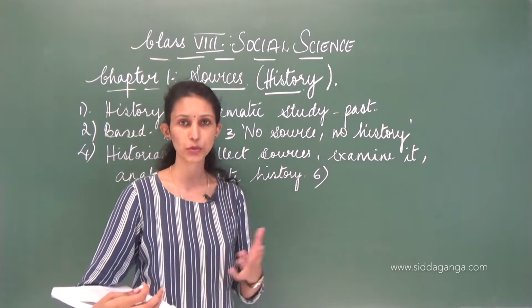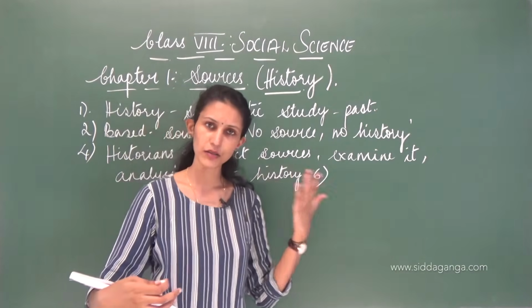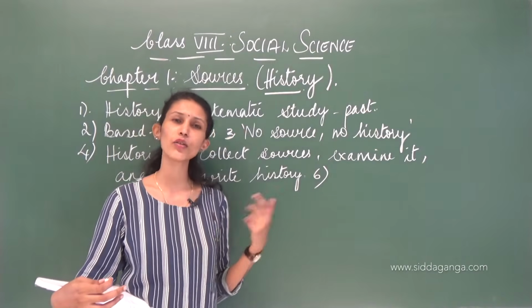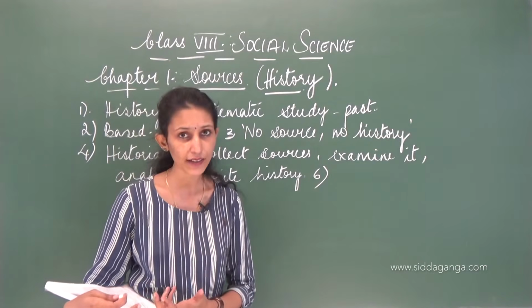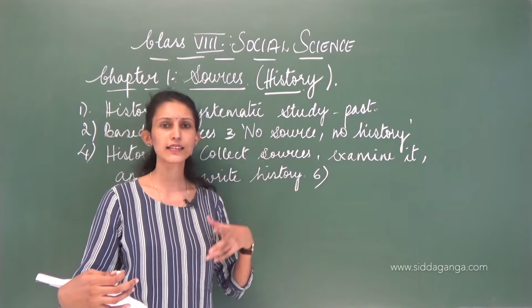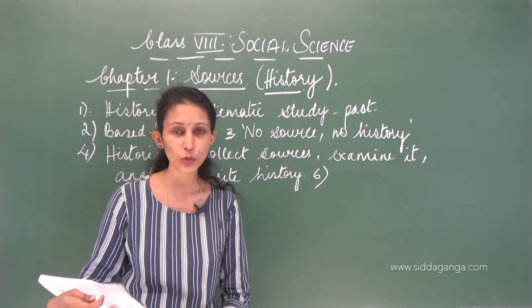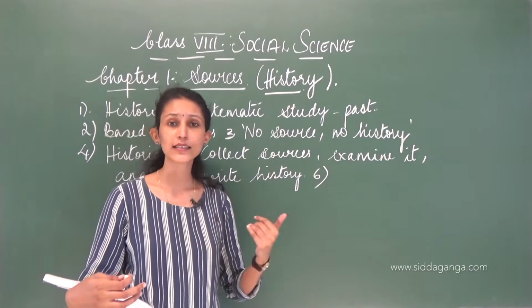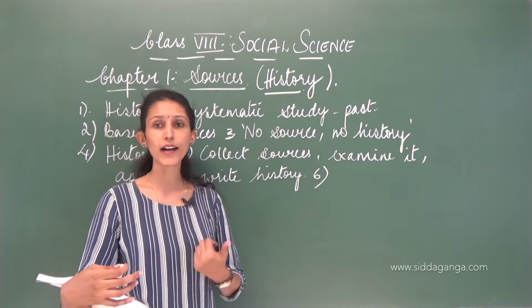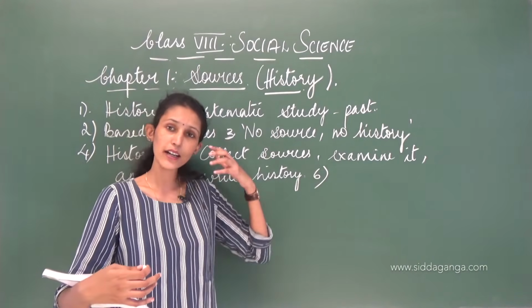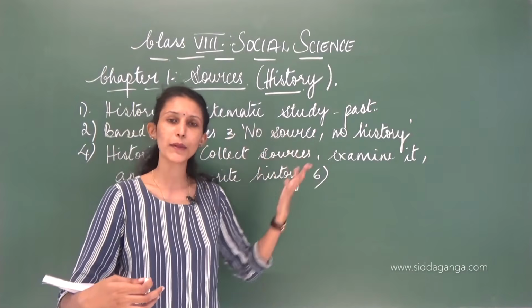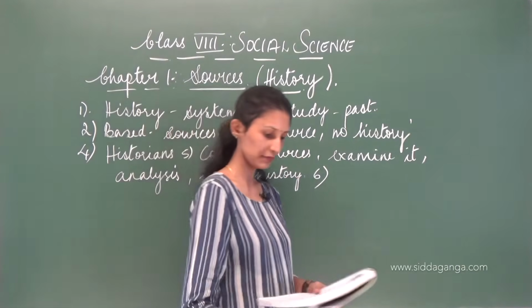They have to do guesswork. They have to assume that this may have been like this, this may have impacted what is here, and that has resulted in the making of other things in history. So they have to simply make some guesses.